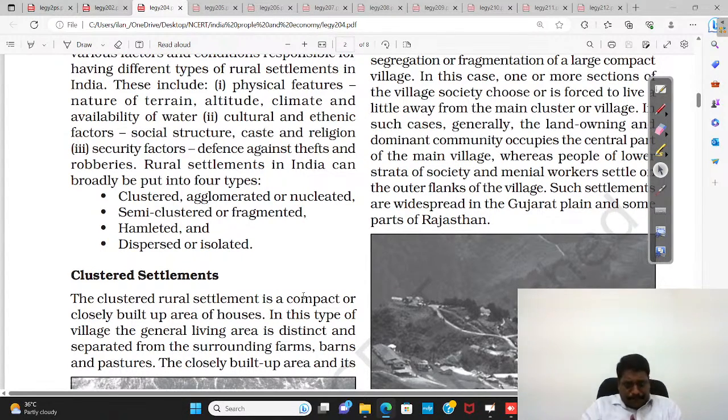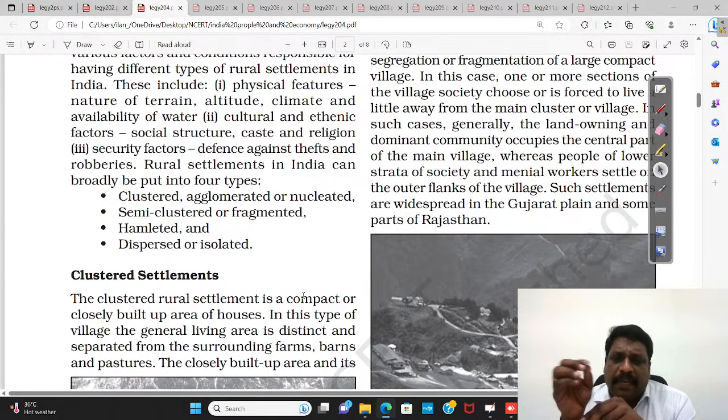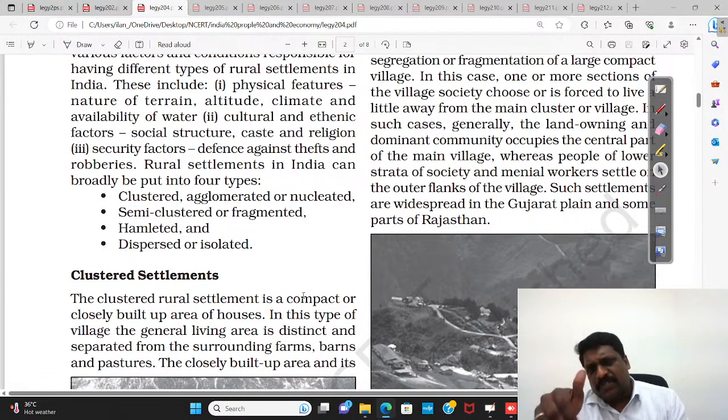Clustered means as a group, you'll have all the houses located together. Let me tell you, what is the advantage of cluster? Normally, even in Google Maps, if you search villages, clustered will be very common. Why? India is the seventh largest country in the world, but eventually we are going to be the most populous country. As of now, given the data, we are second most populous.